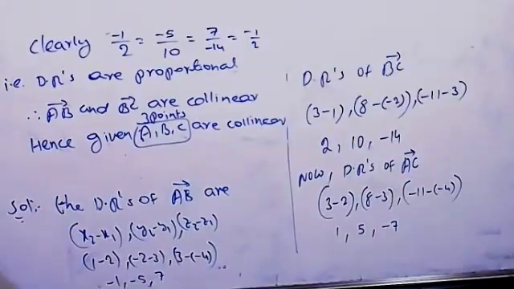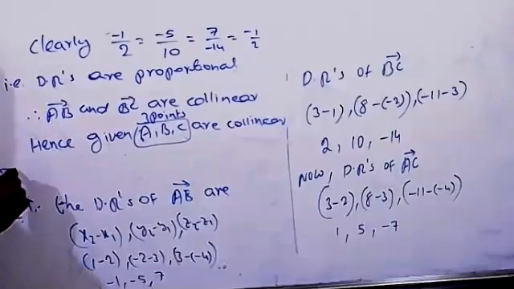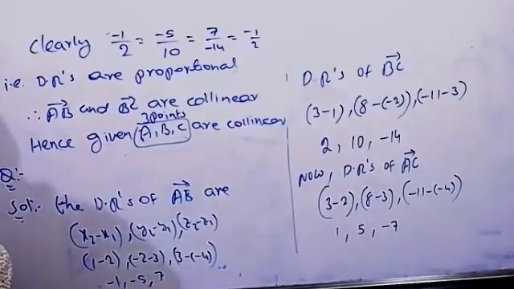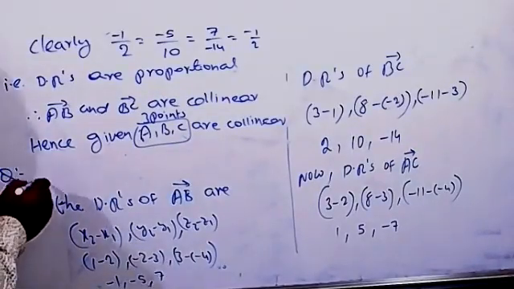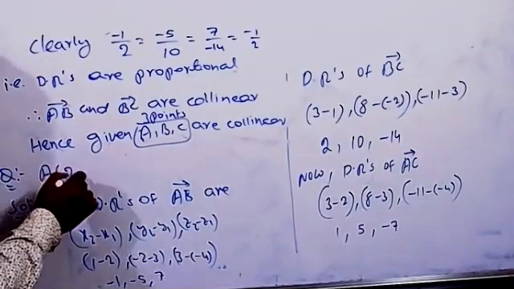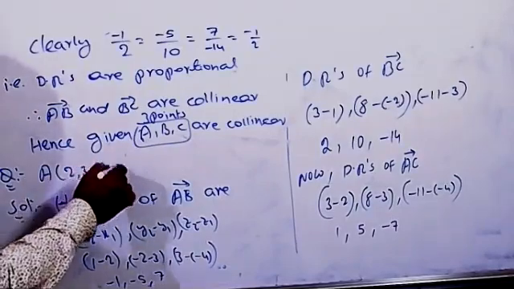Similarly, I'll give you 2 questions. Once you can try yourself. And the second question, you can all try yourself. Show that the points are collinear. The point A is 2, 3, 4.